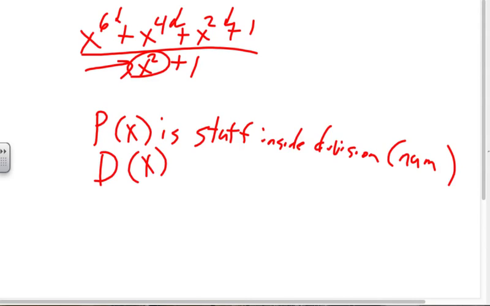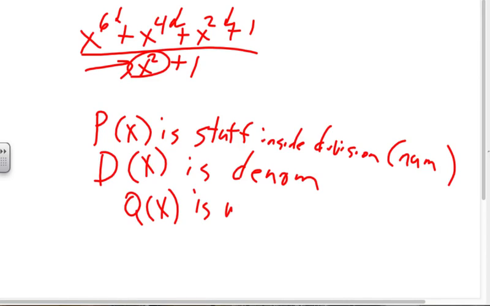D of x is the denominator, or the stuff that's outside. Q of x is your quotient, what's on top when we do these. And R of x is your remainder.